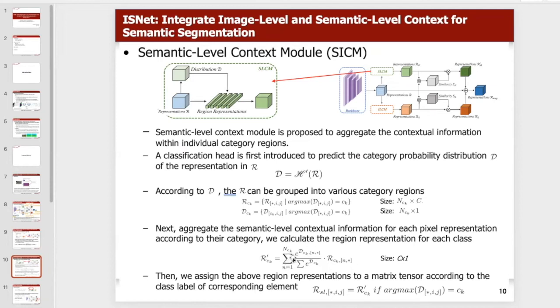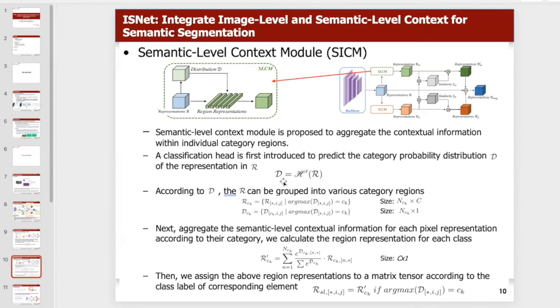Hang on a second, I'm trying to catch up here. So on the second line, what dimension does it have? Is it per the number of categories you have? This one? D. Yeah. Okay, D has a category channel of category number. Yeah, because it's the category probability distribution.